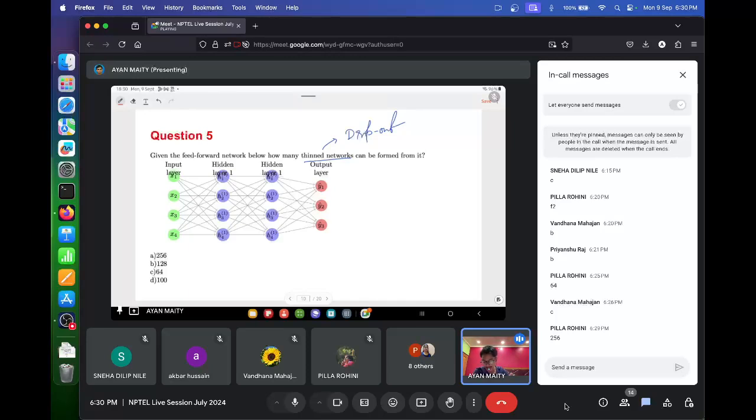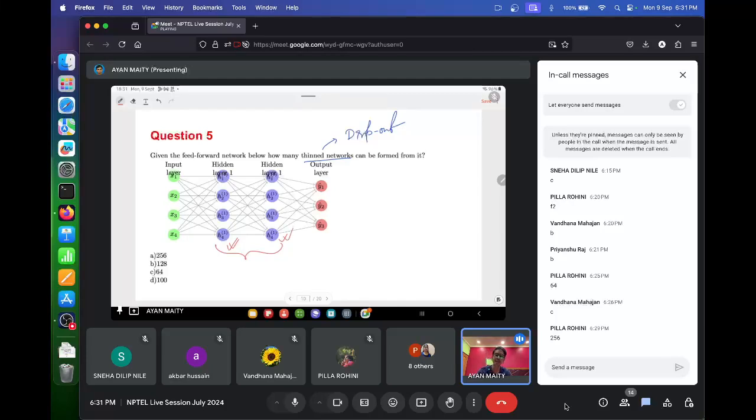So from the same original neural network, some hidden units are removed using dropout. We get several different thin networks, and then we combine their outputs to form the final output. There are a total of 8 hidden units. We can see 4 in the first hidden layer and 4 in the second hidden layer.